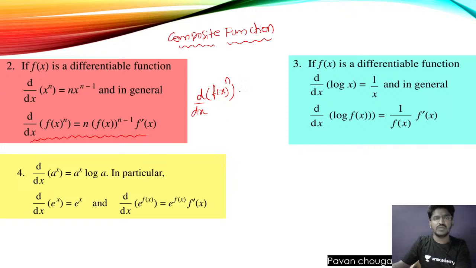Again you have to use the same formula, that is n into f of x to the power of n minus 1, and you have to multiply it with f dash of x.